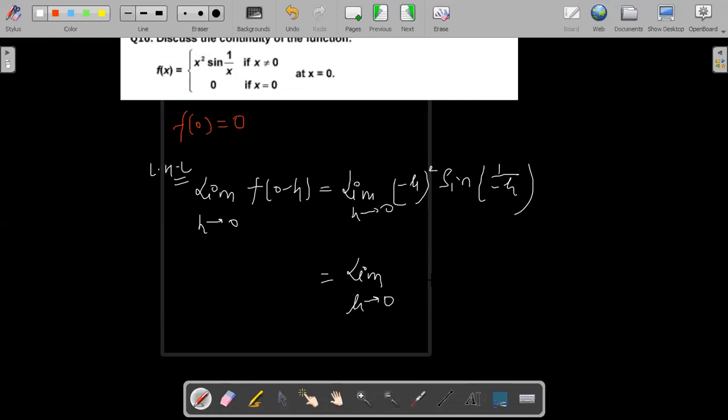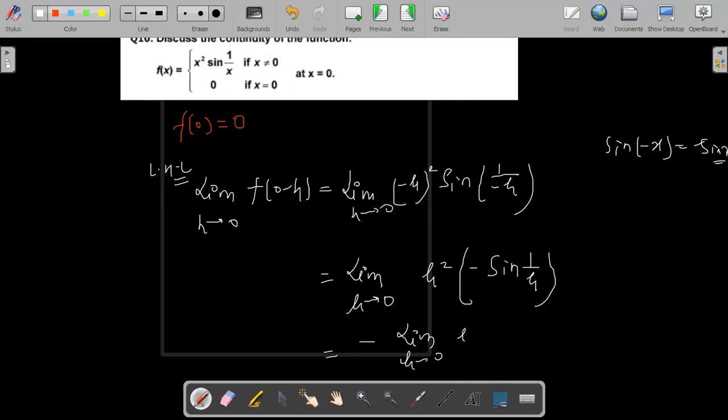So minus h square, that means h square, times minus 1 upon h, is minus sine 1 upon h, as I told you that sine of minus x gives minus sine x. So this is minus limit h tends to 0 of h square into sine 1 upon h.